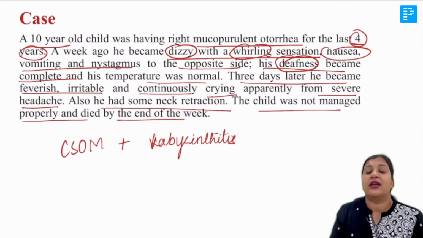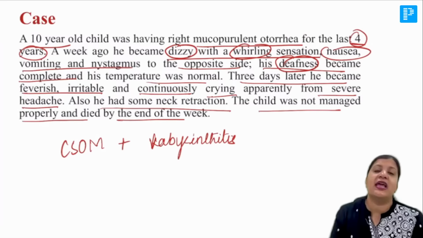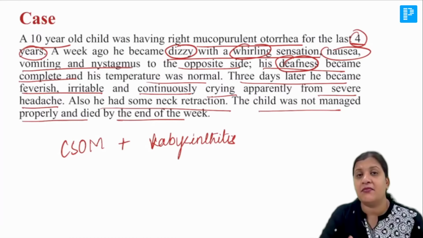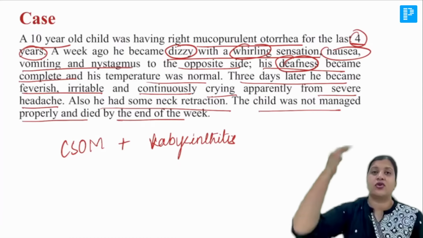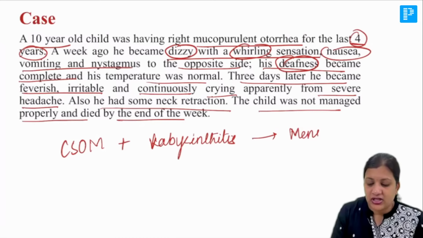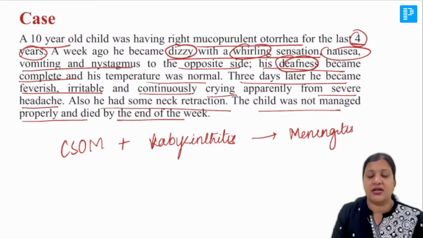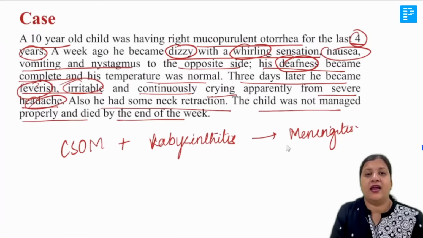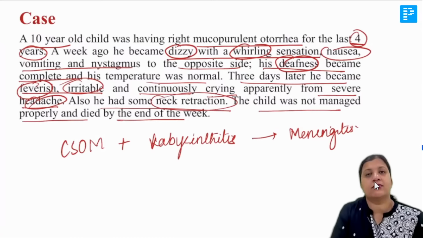3 days later, the patient had become more irritable. Means, is there a further spread of the disease either through the labyrinth to the petrous apex and from there to cerebellum, or via the tegmen it has gone intracranially? And because of that, can it cause meningitis, where the patient is having fever, irritability, headache, continuously crying, and a neck retraction?